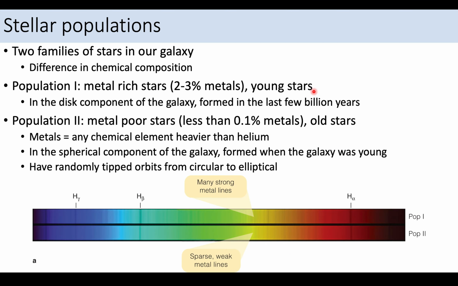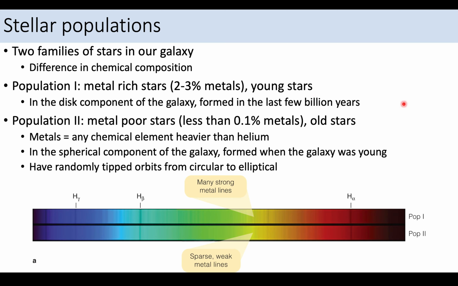So thinking about metals is important because we use the chemical composition to break up our stars into populations. So for stellar populations, we consider there's sort of two groups of stars, or two families of stars in our galaxy. There's population 1 stars and there's population 2 stars.